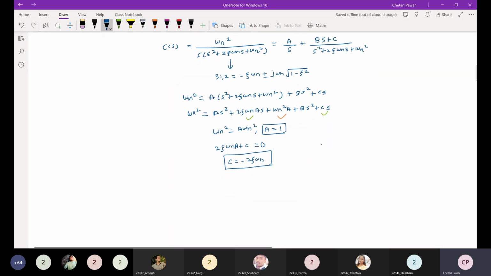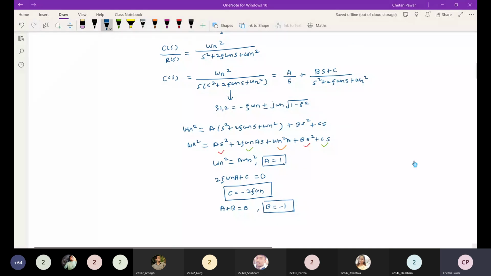And then second order terms: A plus B is equal to 0, so B will be minus 1.